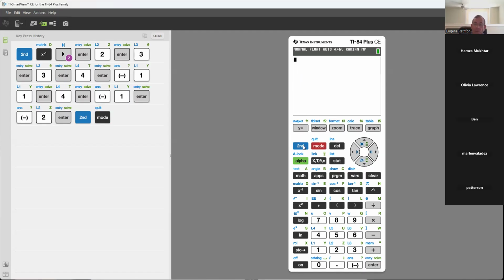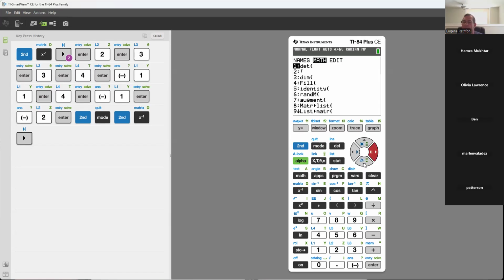So to solve it, we hit second, X -1 again. This gets me back into the matrix stuff. So this time we're doing some math on it. And y'all notice how it changed my A to a 2x3 matrix. So arrow right and highlight the math column.